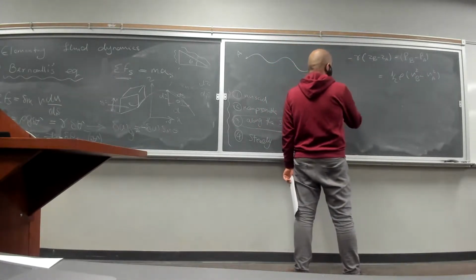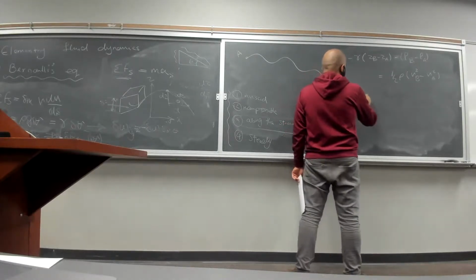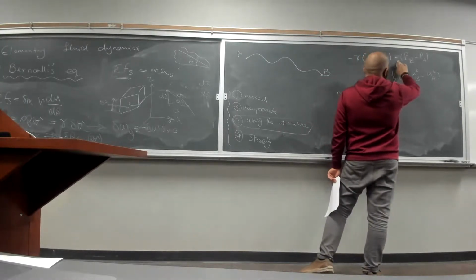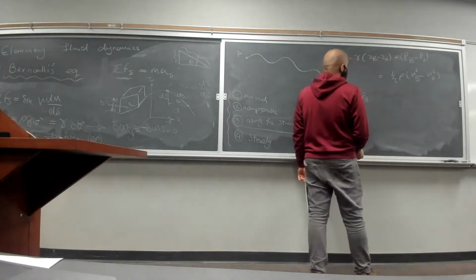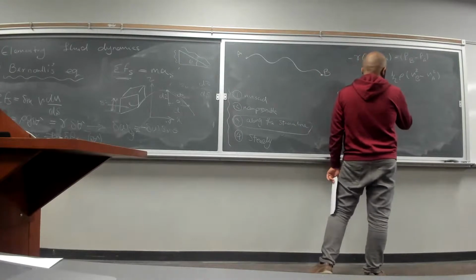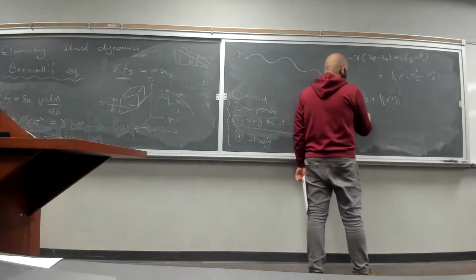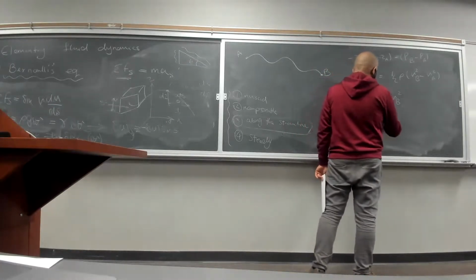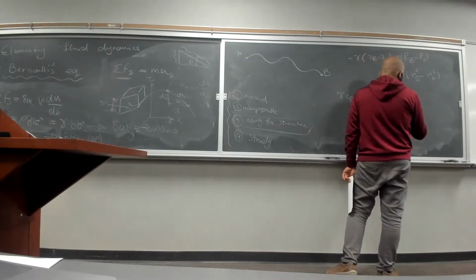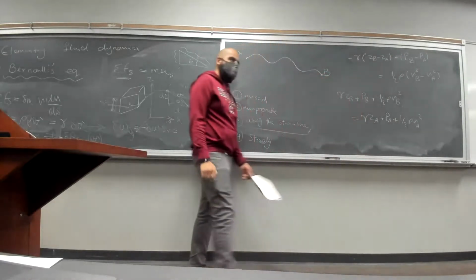So you're going to get gamma z of B plus P of B, plus 1/2 rho V of B squared, is going to be equal to gamma z of A plus P of A plus 1/2 rho V of A squared.